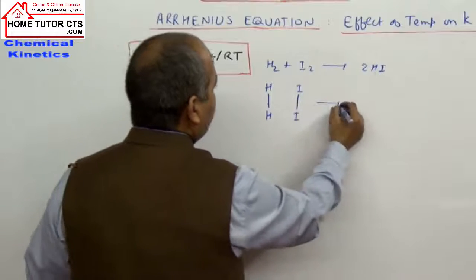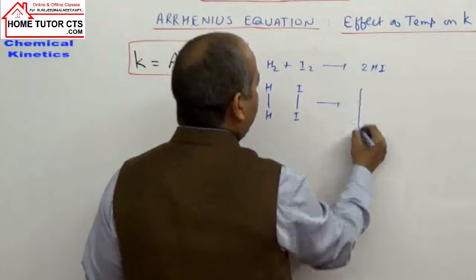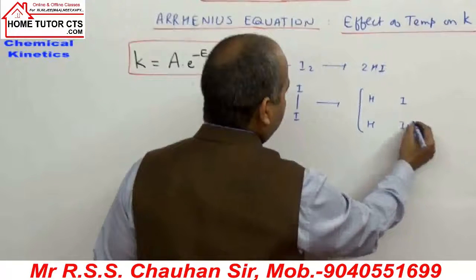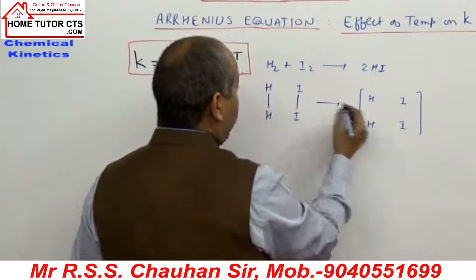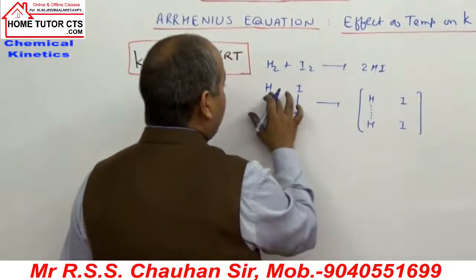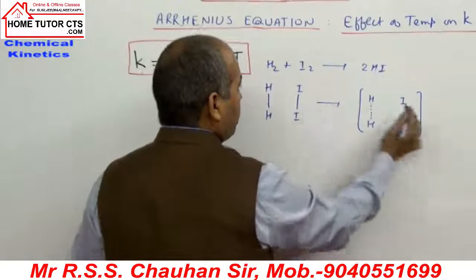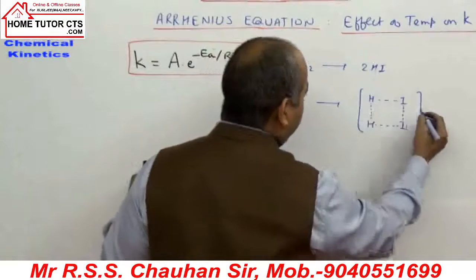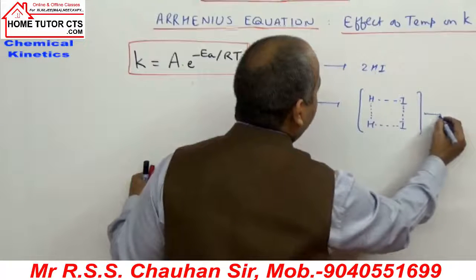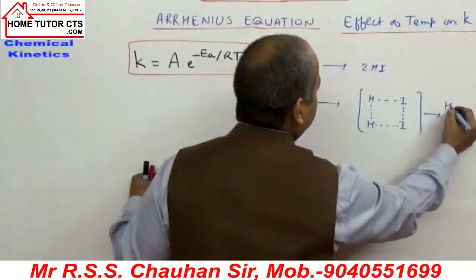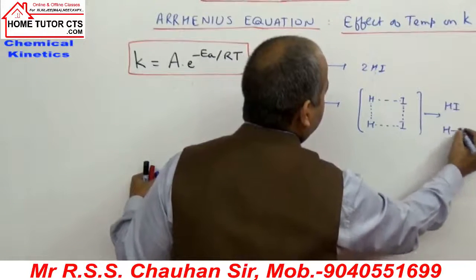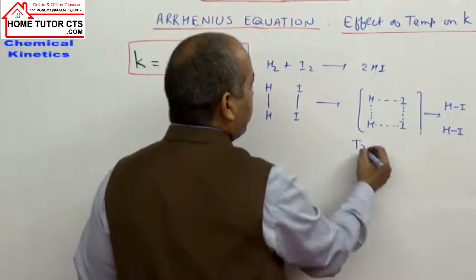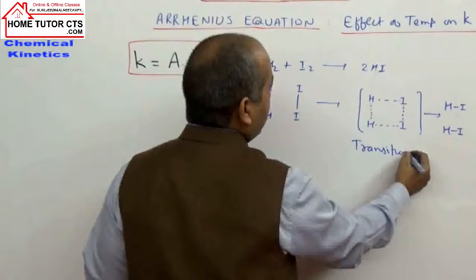When the reaction takes place, they will form one transition state showing the old bond breaking and the new bond forming, and after reaction completion they give 2 moles of HI. What is this called here? Transition state.